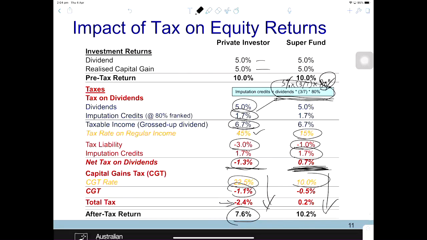On the right, you have the superannuation account, and that's the average, or some kind of average, rate of capital gain tax superannuation accounts pay for realized capital gains. So it's about 10%, and you will see that the superannuation account has a slightly higher after-tax net return for their members.